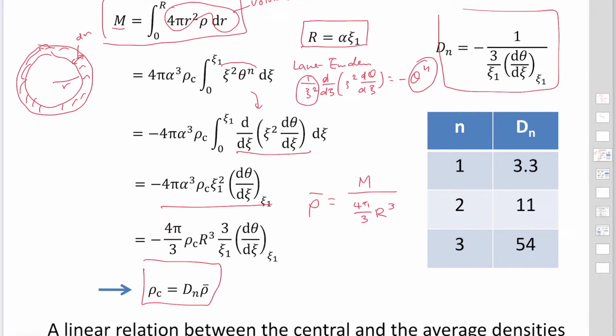This is a linear relation between the central and the average densities. In the case of n equals 0, D_n equals 1 because it's uniform density. In the case of n equals 5, actually D_n goes to infinity. So I showed some typical cases. For n equals 1, this equals π²/3.